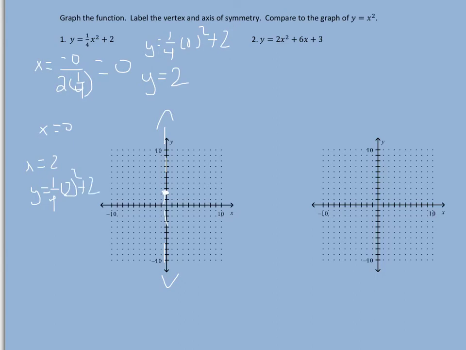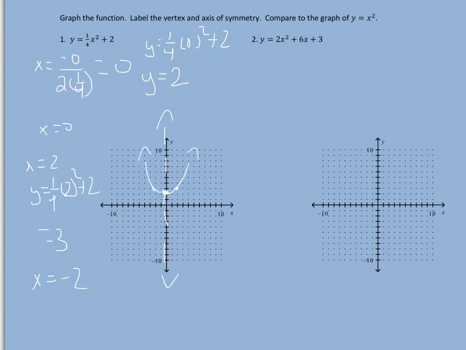Two squared is 4 times 1/4 is 1, plus 2, 3. So you go 2, 3. Then I do it for negative 2. You get the same thing. So I graph negative 2, 3. So it looks like that.